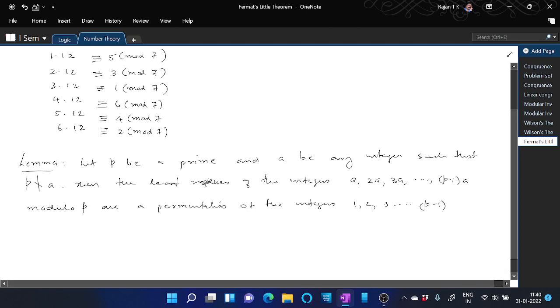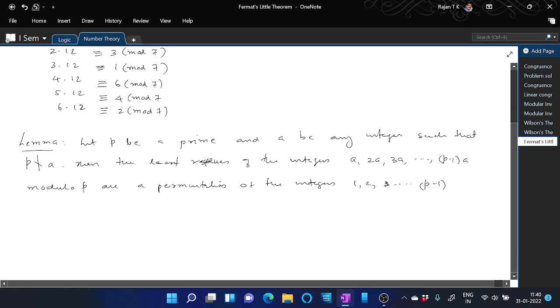Permutation of 1, 2, 3, etc. p minus 1 means it's an arrangement, say an arrangement of these integers in some order. That's all.